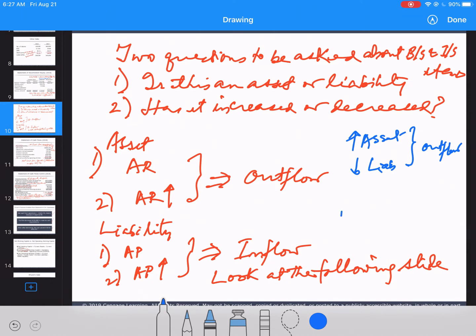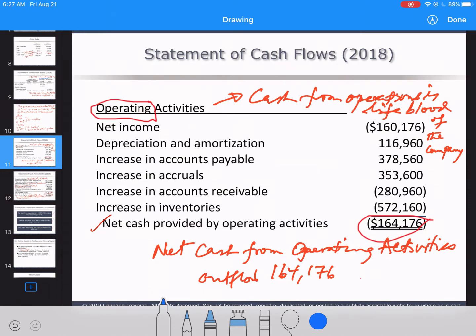And in this case, if an asset declines and if a liability increases, then both of them are going to generate an inflow.